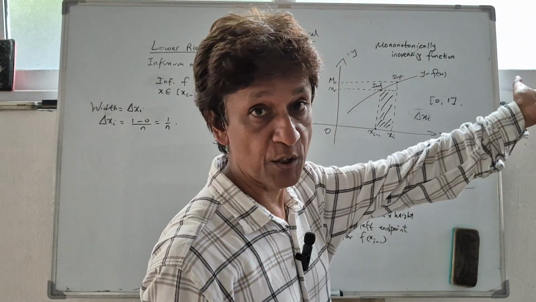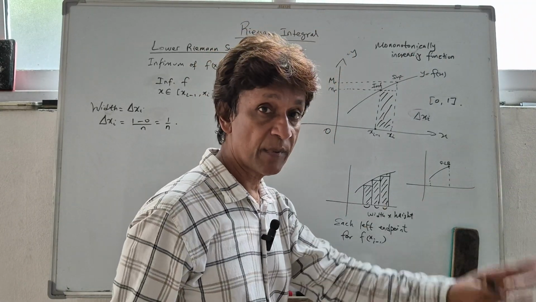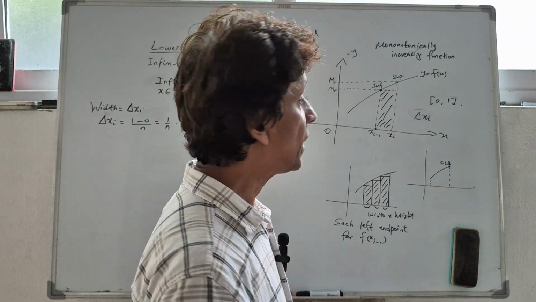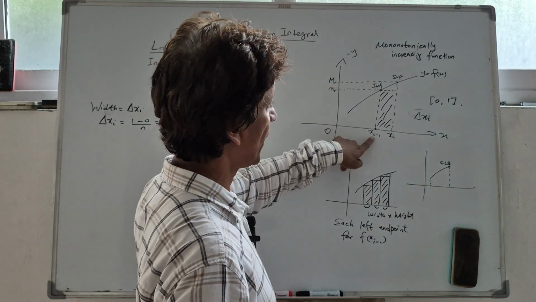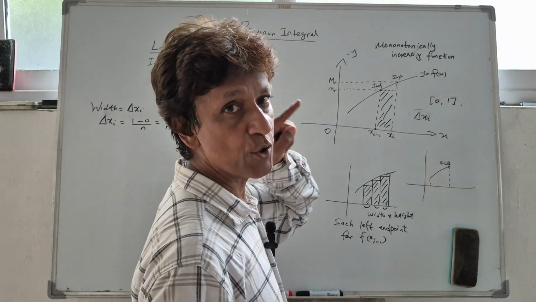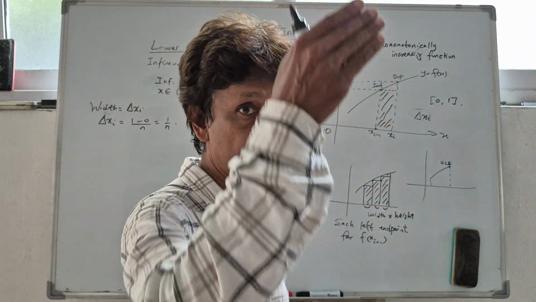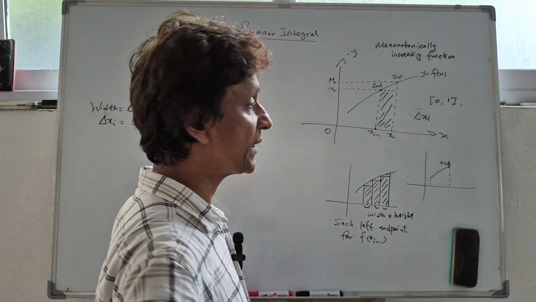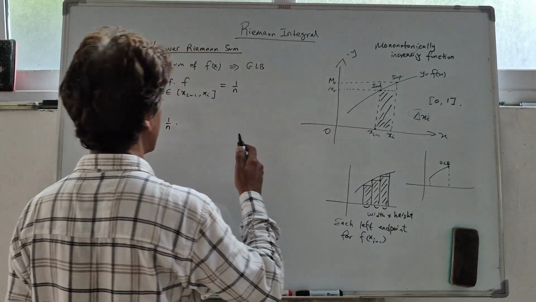It could be an exponential function, a trigonometric function, whatever function it is. You just take this value of x here for the infimum and substitute it into the function to get the height that you need to calculate the area of that rectangle, and take the sum of it.